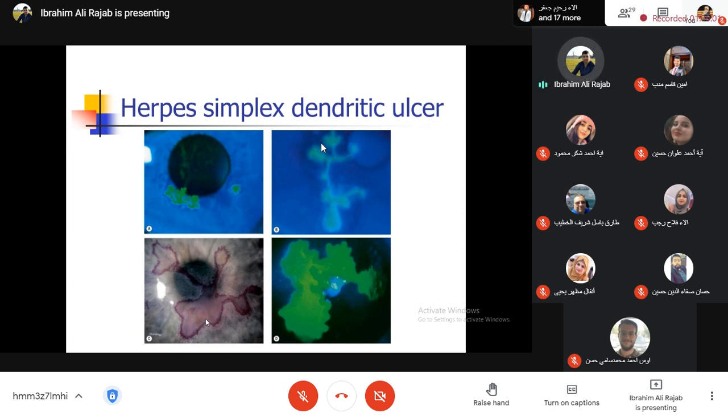Picture C, stained by another stain in ophthalmology called rose Bengal stain. Rose Bengal stain. So we have two stains, fluorescein stain and rose Bengal stain.